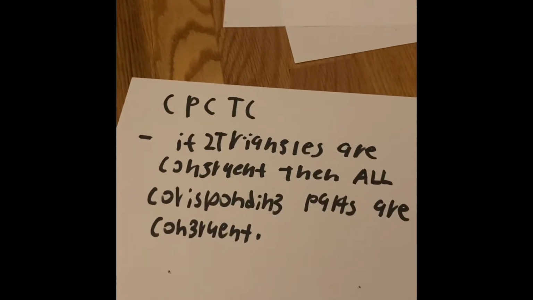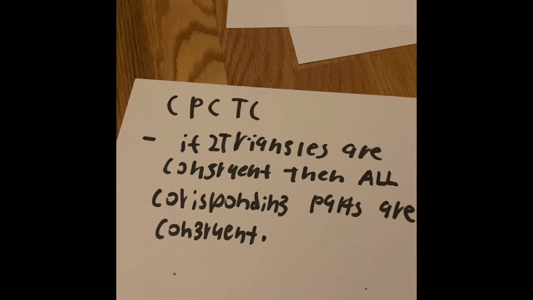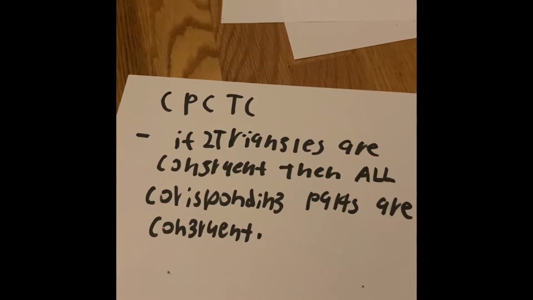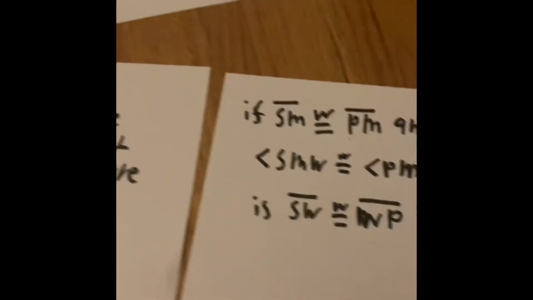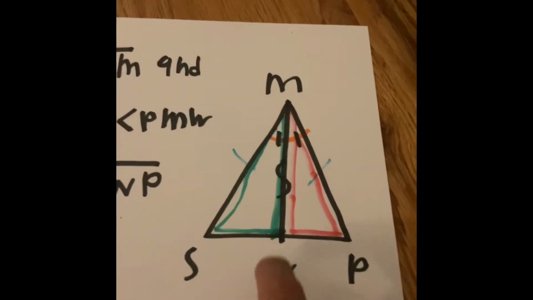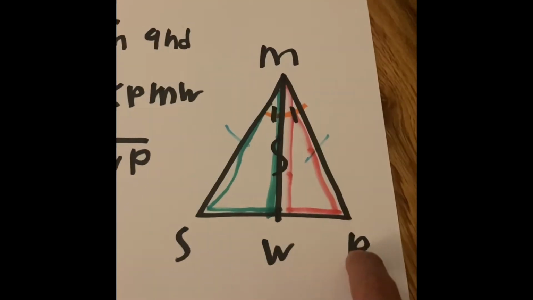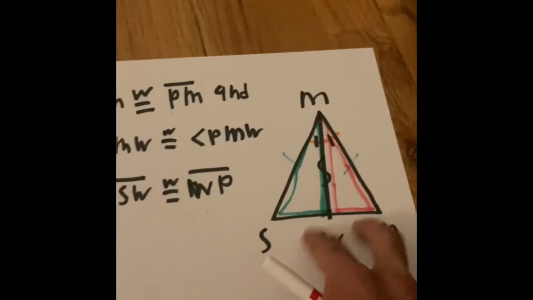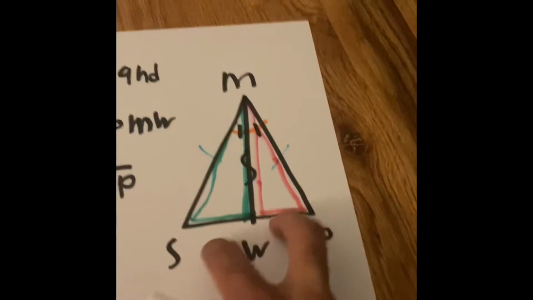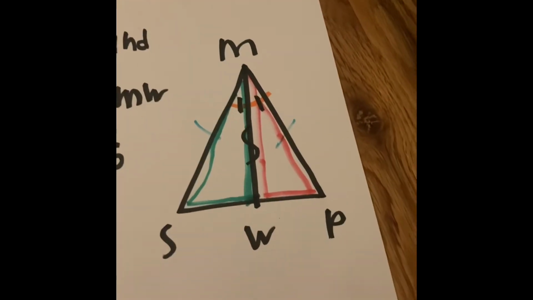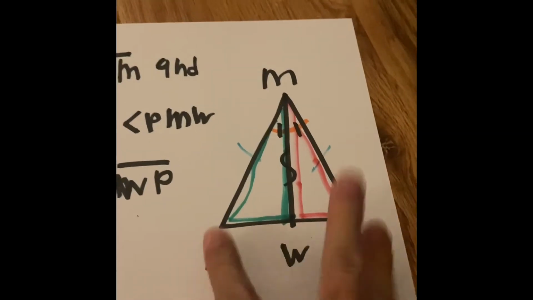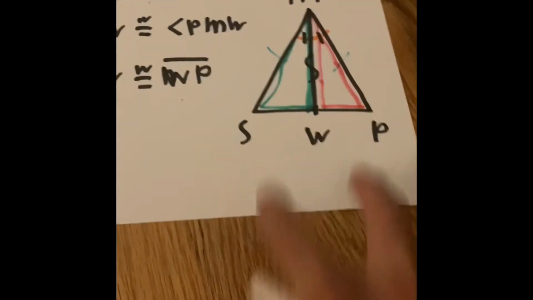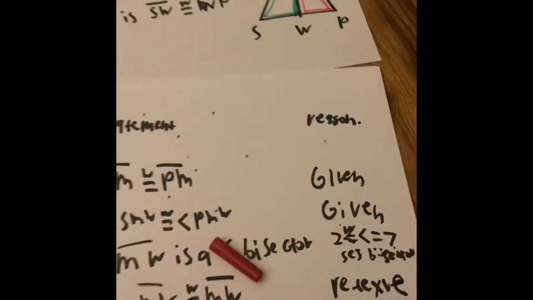CPCTC. If two triangles are congruent, then all of the corresponding parts are congruent. So we're trying to find if SW and WP are congruent. But we can understand that they both can be congruent if only these giant triangles are congruent. So we have to try it out. Get it? Try it out.